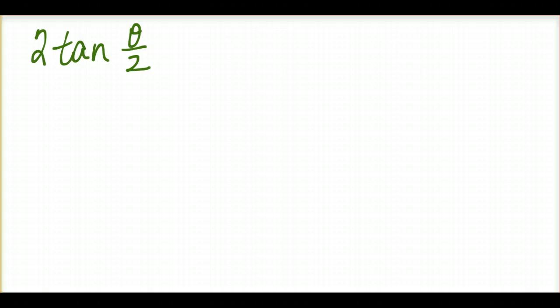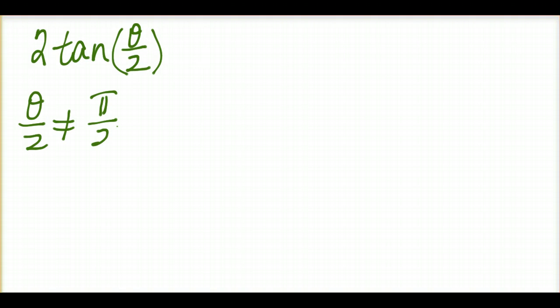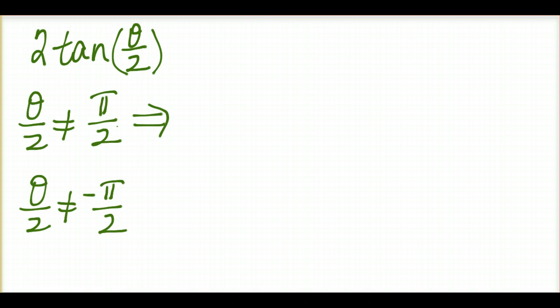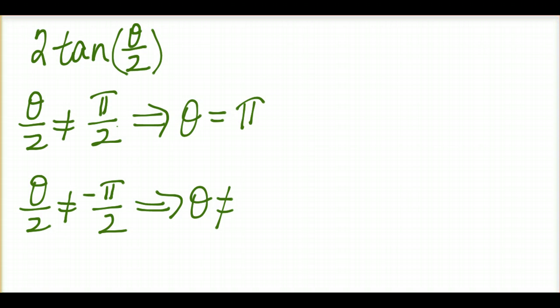Well, we know that our angle, which is right here, cannot equal pi over 2, and my angle cannot equal negative pi over 2. So if I solve this by multiplying both sides by 2, I know that theta will not be able to equal pi, and down here I'll get theta will not be able to equal negative pi.